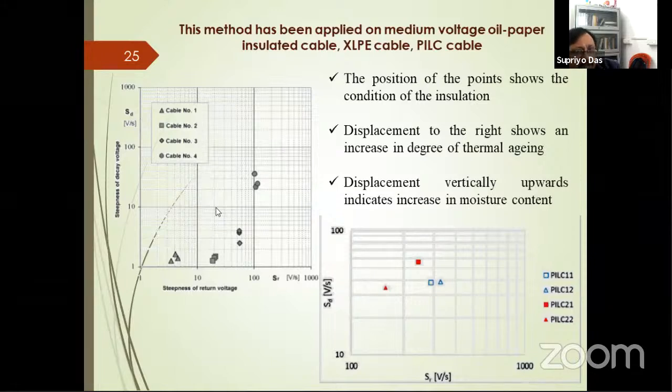Another graph is for PILC, paper insulated lead coated cable. Here also there are two types of materials, and based on the ratio of SD by SR, we can identify whether there is any thermal aging, which one is more thermally aged, or which has more moisture content.